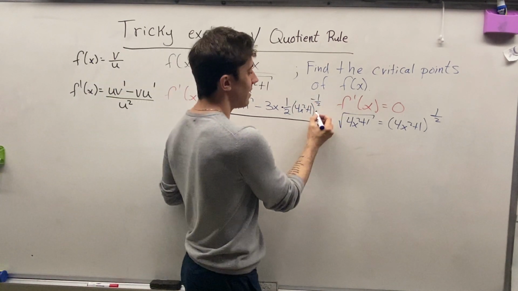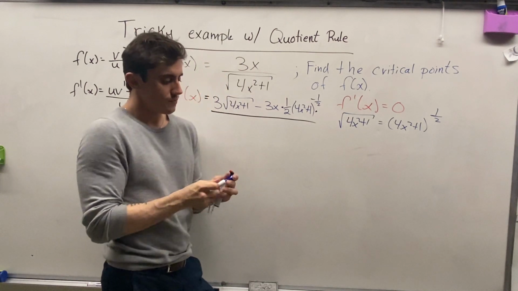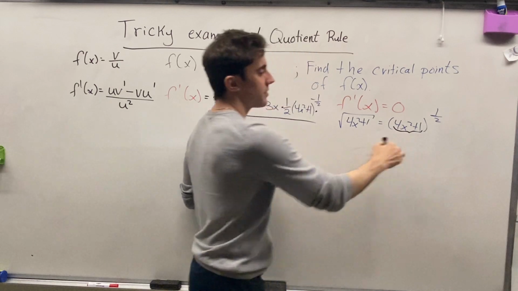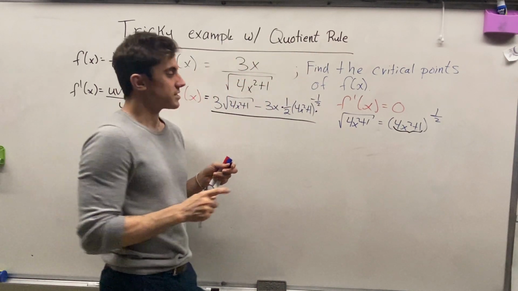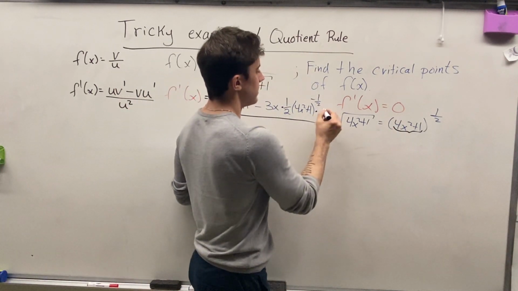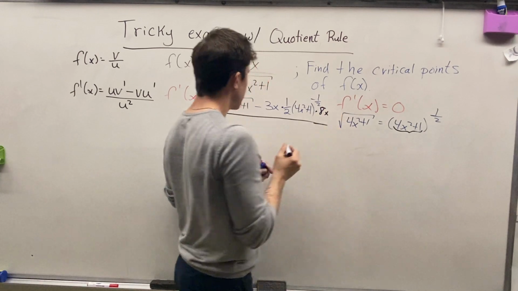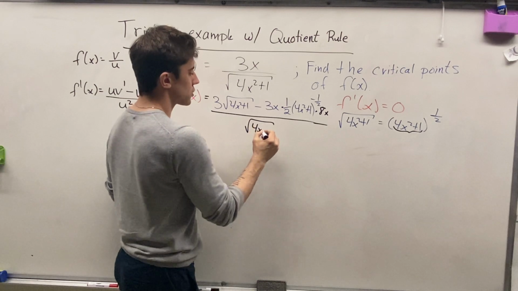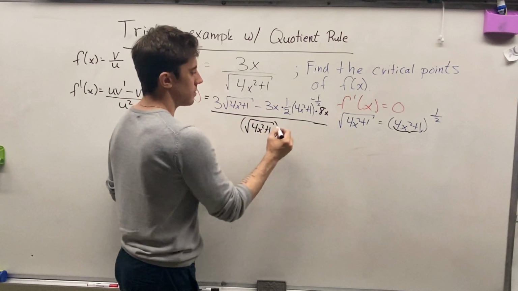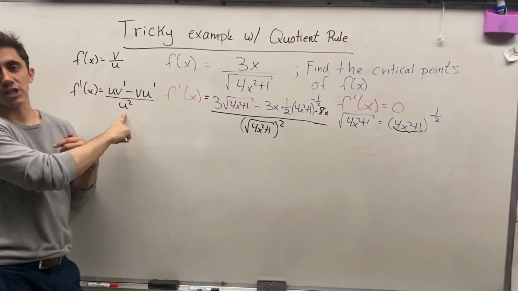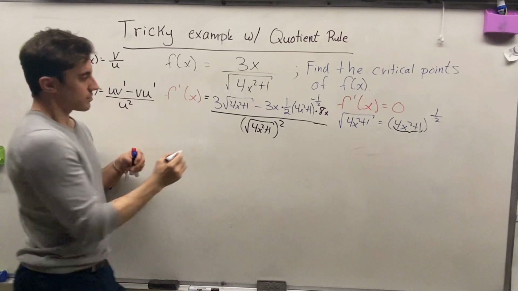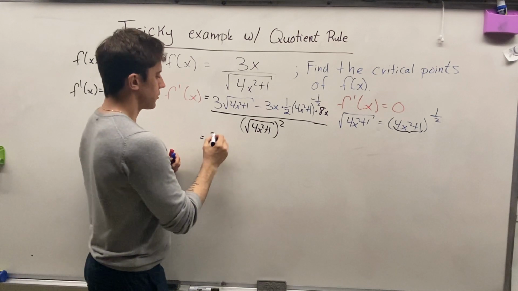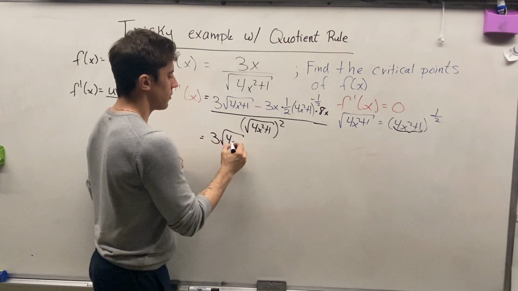And then all of this times, we have the chain rule in effect here, so we remember to multiply by the derivative of the expression inside the bracket. The derivative of 4x squared plus 1 is namely 8x. And now all of this over our denominator, the square root of 4x squared plus 1, all squared.